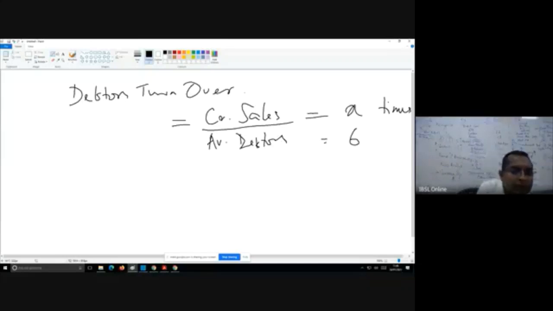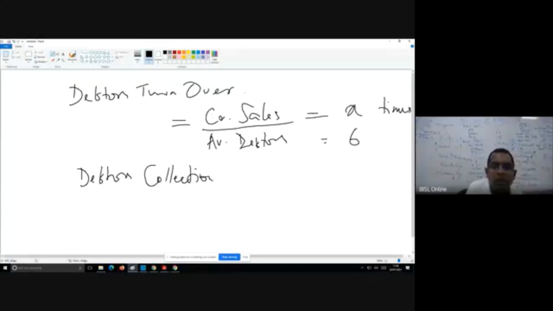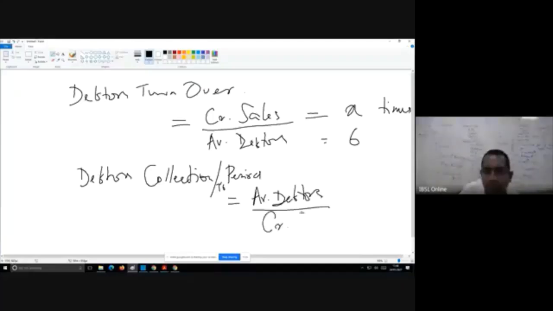Then the same thing you can write in days. Debtors collection or turnover period, whatever you write, that is equal to average debtors divided by credit sales into 365.